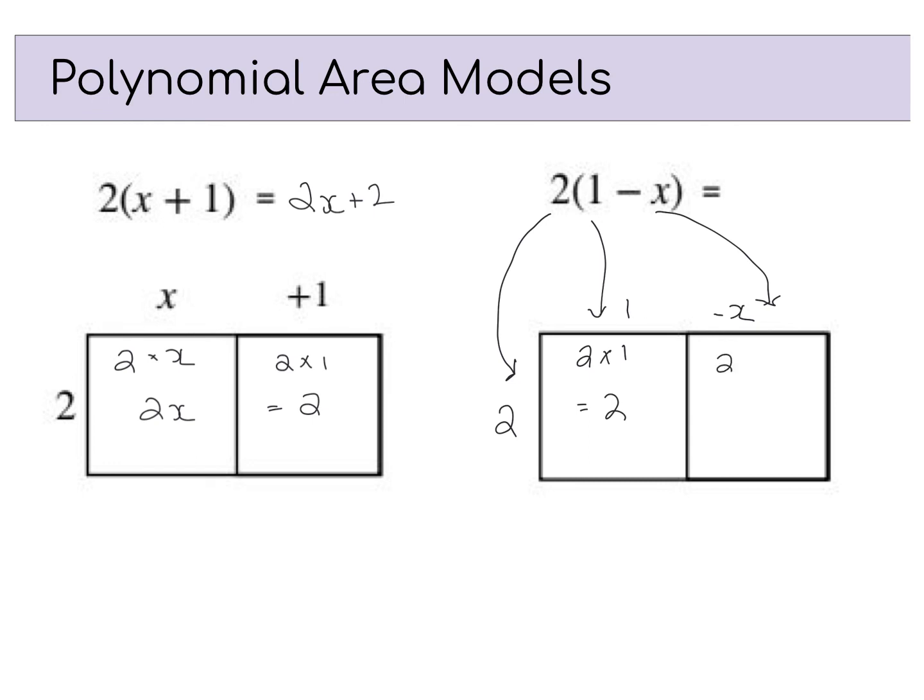And then we'll go 2 multiplied by a negative x. Be really careful with those negative signs, which gives us a negative 2x, and our final answer will be 2 minus 2x. So that's how you use the area model.